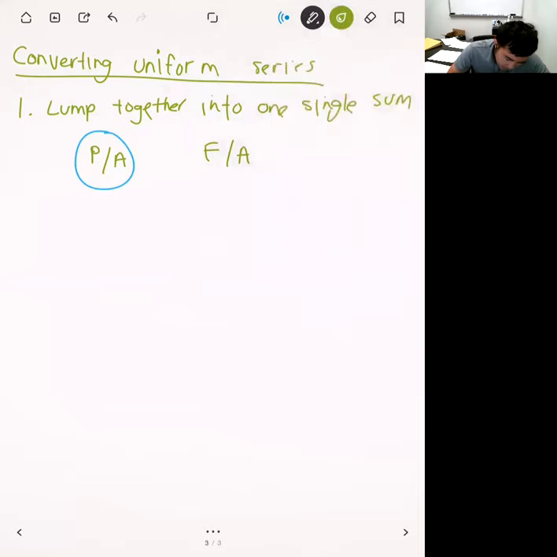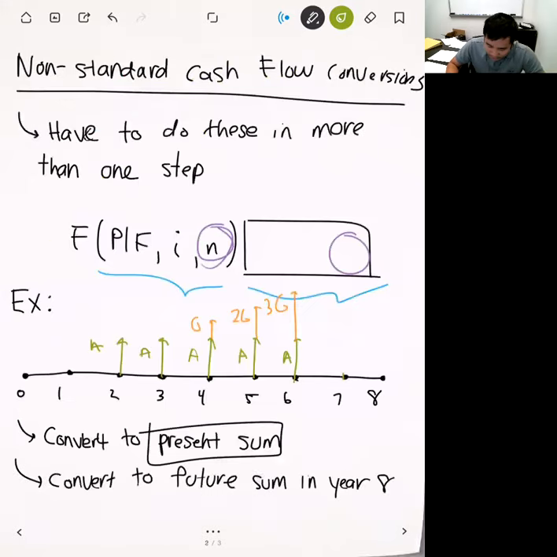All right, so the first step for this conversion is we're going to do A times a P over A factor. You can plug in the interest rate. I didn't give an interest rate for this problem because I want to focus just on how you actually perform this conversion. But if this problem did give you an interest rate, you can go ahead and plug in for that. And then let's plug in the n.